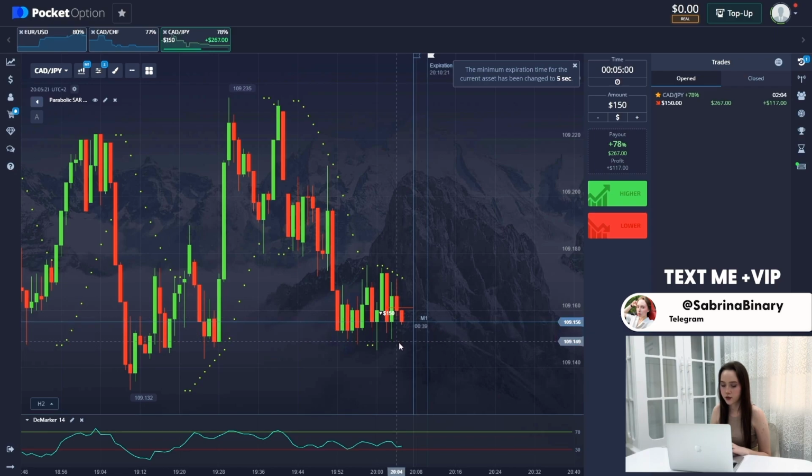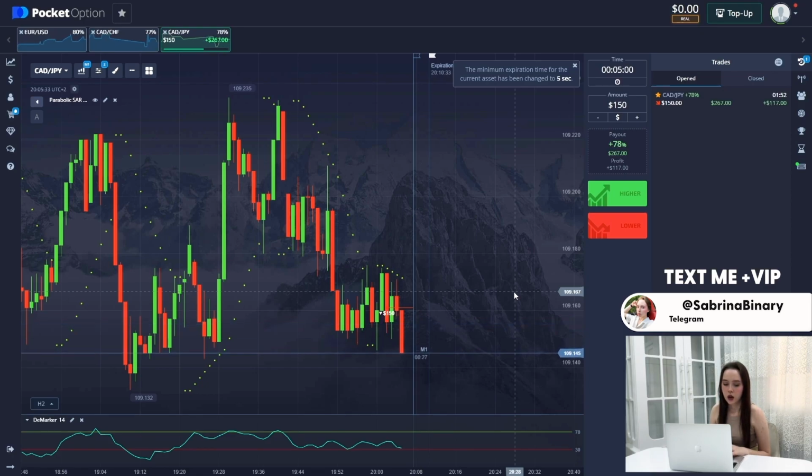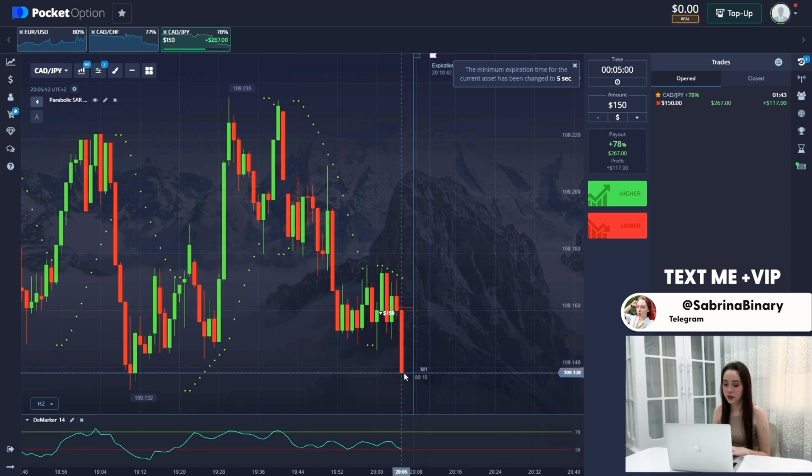The indicator has formed on top, which tells us that our decision is correct. And we just have to wait for our trade to close. Now the penultimate candle has started to form. It's red so far, which is a very good sign.